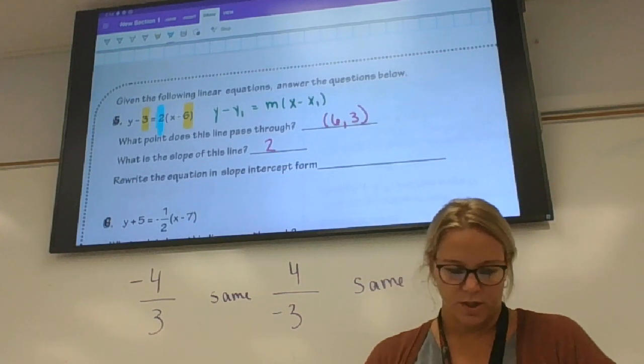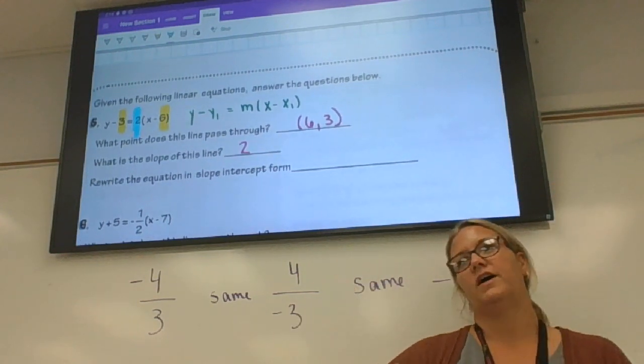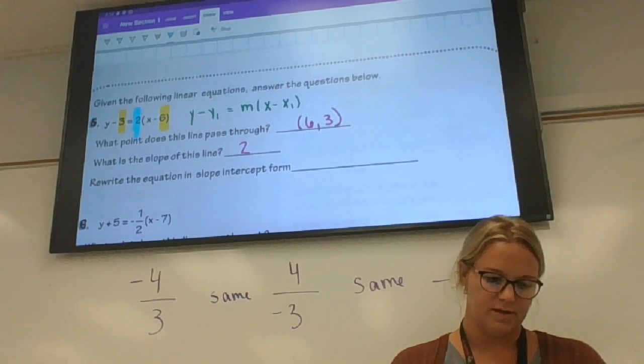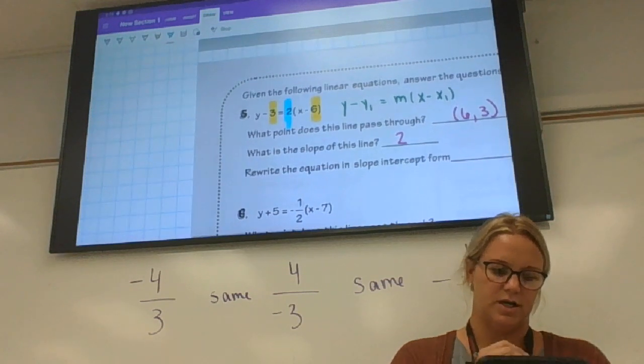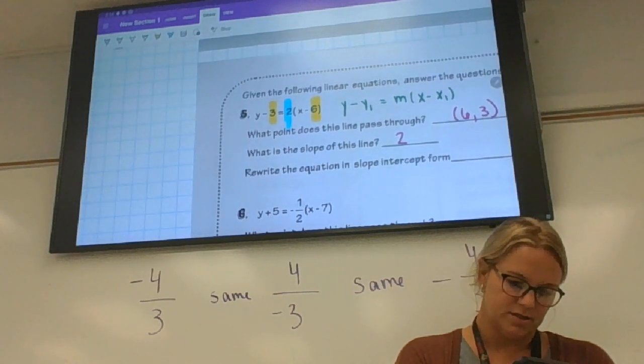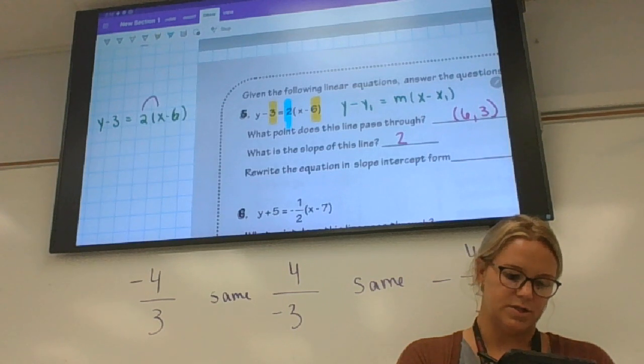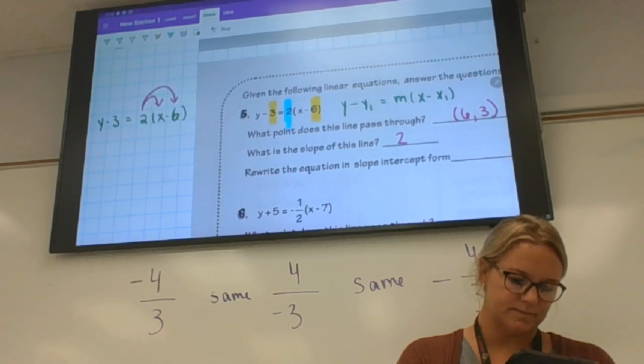So now we're going to do work. We're going to simplify. So distribute and combine like terms to rewrite. I'm going to do mine off to the side. I don't know where you're going to fit yours. I'm going to distribute first.